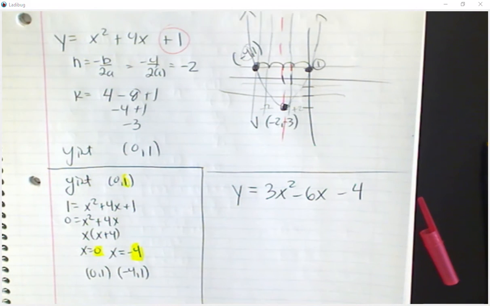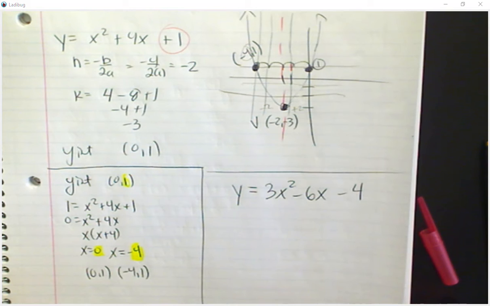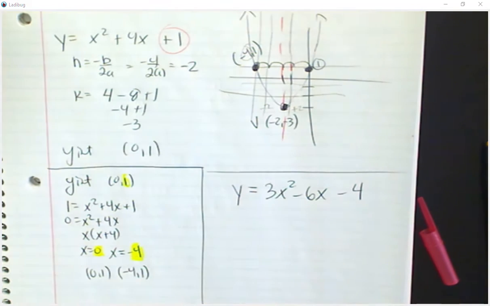I think I just randomly put it like half, which would change the vertex, which would change everything. I see, that's how she got -3. And it's skinnier, right?